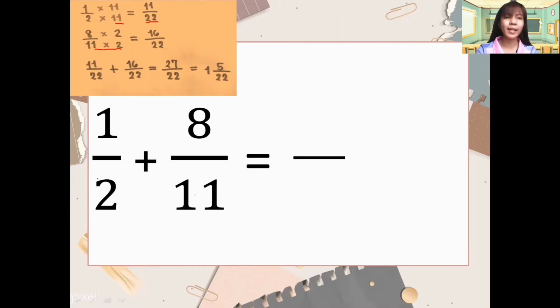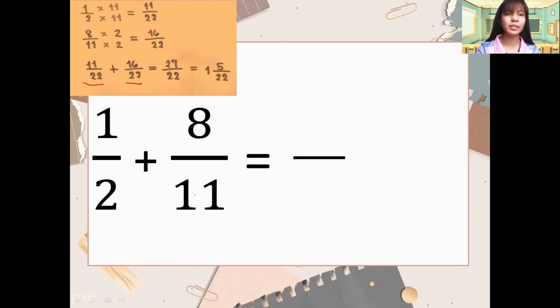So from 1/2, we now have 11 over 22. Okay, 11 over 22 here. And then plus, instead of 8 over 11, make it 16 over 22. So now we have the same denominator, guys. Alright? So we can now add: 11 plus 16 equals 27.